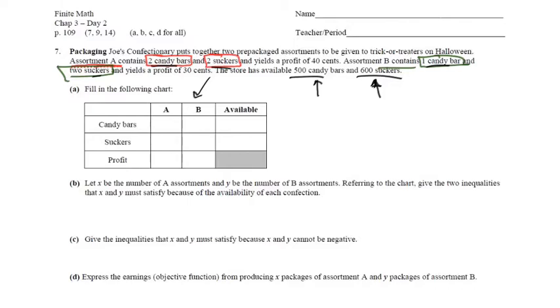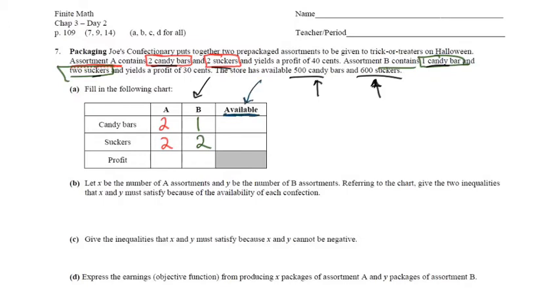Okay, so I'm going to try to keep the color code going here. Candy bars for A, that was 2 candy bars for A. And suckers for A was 2. And then for B, it was just 1 candy bar and 2 suckers. Okay, that's pretty easy so far. And then this column for available, well, let's talk about availability for a second.